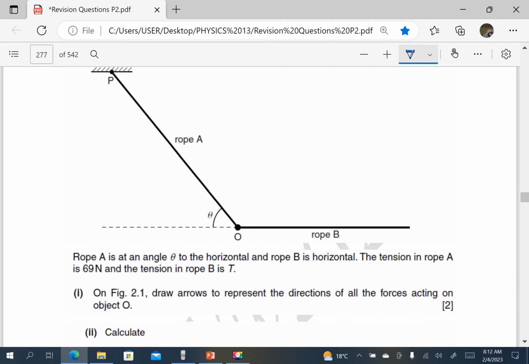On the figure 2.1, draw arrows to represent the directions of all the forces acting on object O. Rope A is at an angle theta to the horizontal and rope B is horizontal. The tension in rope A.